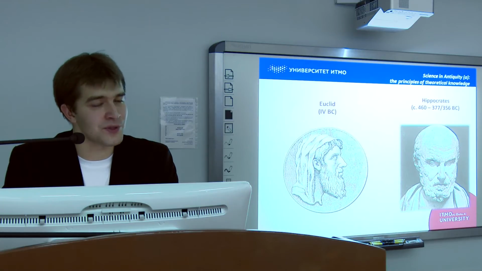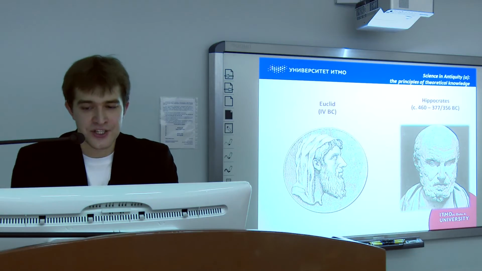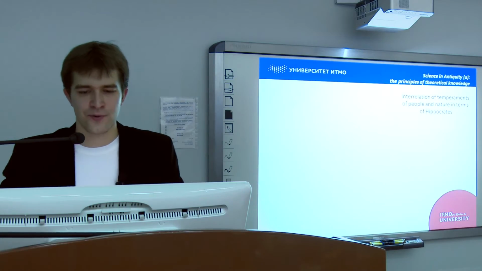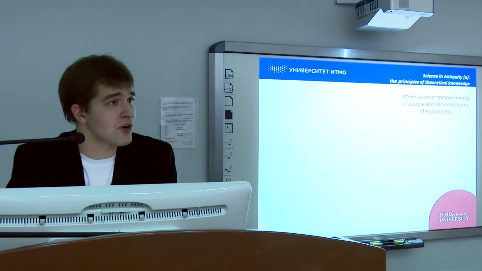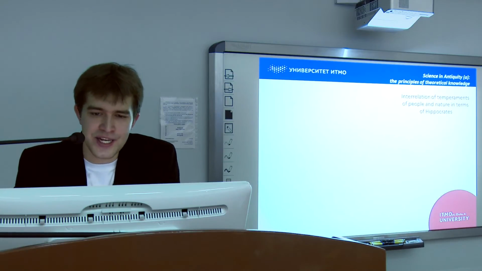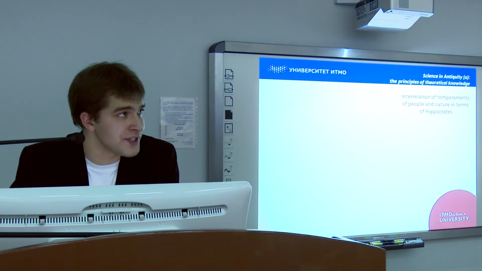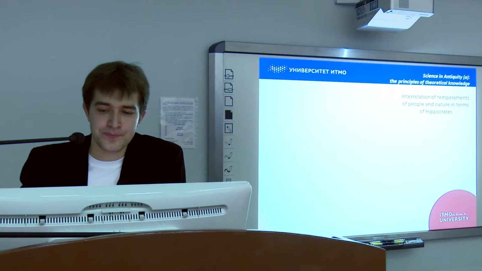So these were the prescriptions. At the same time, Hippocrates is famous for giving a great system which describes the interrelations of temperaments of people and nature in terms of his medical approach.